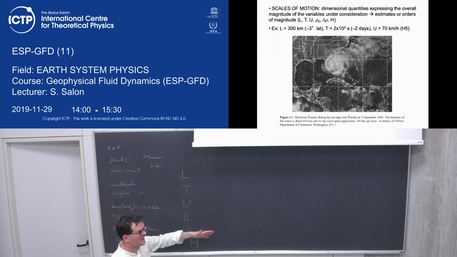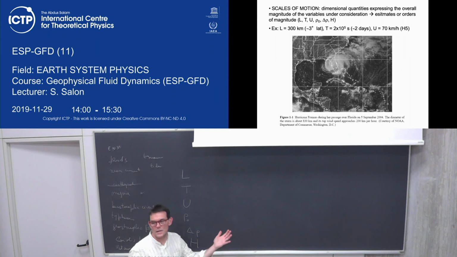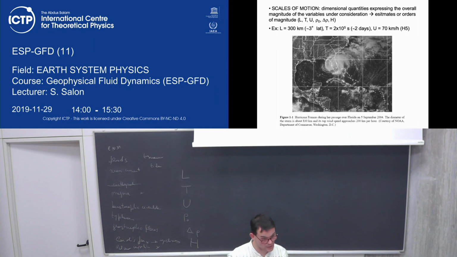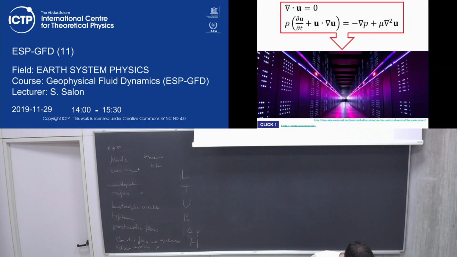We can have a sort of simplification in our equation, which is extremely good when we want to solve our equation. Since our equation that we saw here has different terms, we have the local variation, the advection, pressure gradient, dissipation.